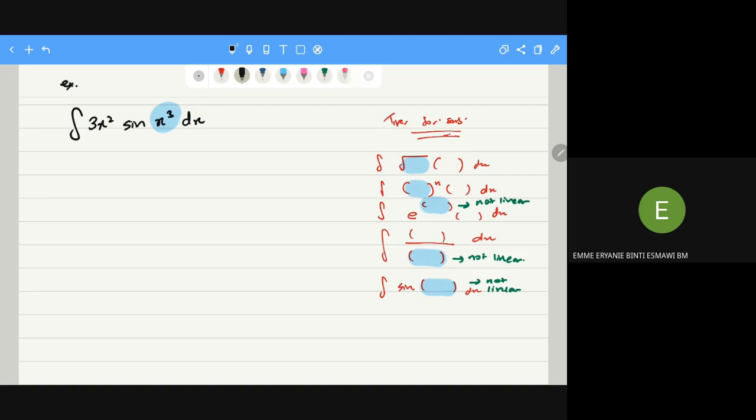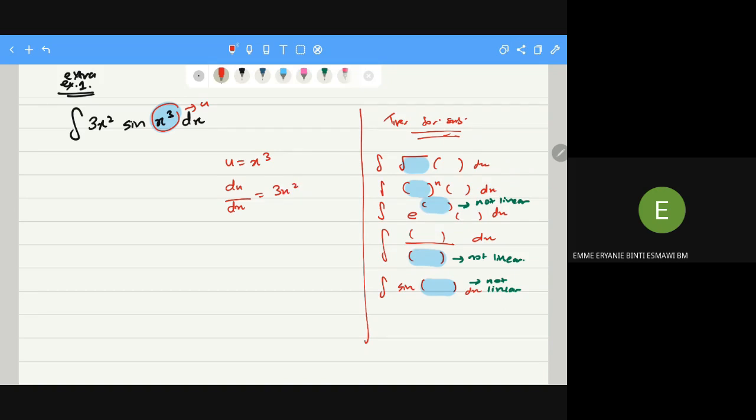The example yang seterusnya. The extra example. Extra example 1. Okay. So this means that our angle yang tak linear ini akan jadi U. So write this as U equals x cubed, and then second step is to differentiate.